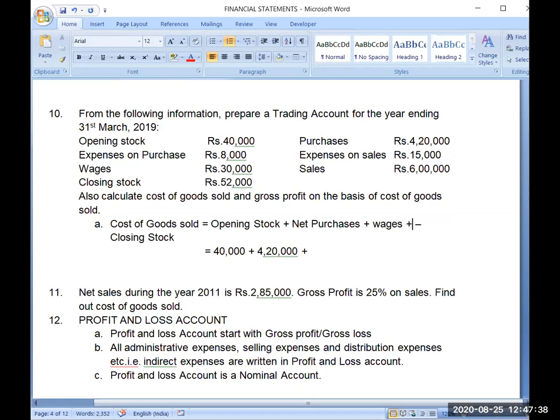Plus expenses on purchase. So total 20,000 plus wages 30,000. The sequence of amounts should remain the same as you have written in the formula. Plus expenses on purchase 8,000. Then minus closing stock. Minus closing stock is 52,000.